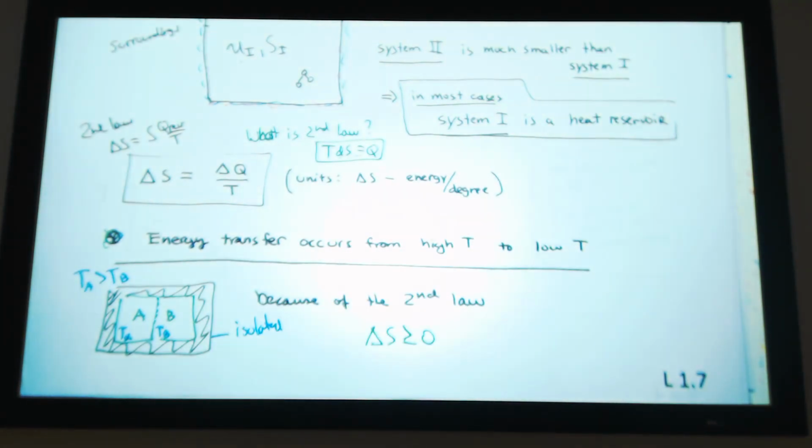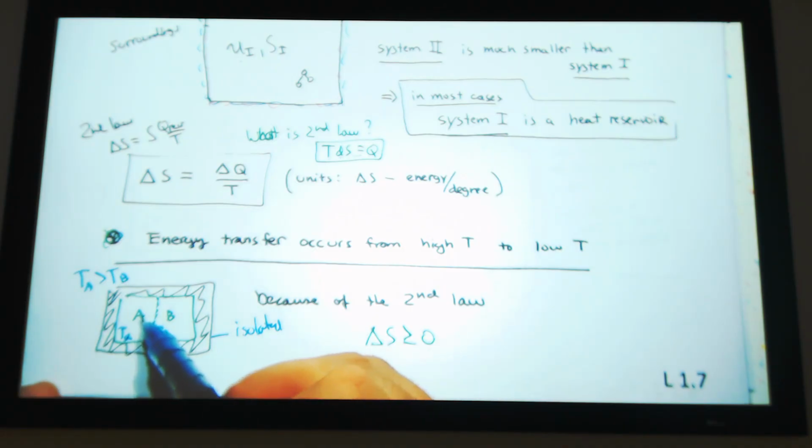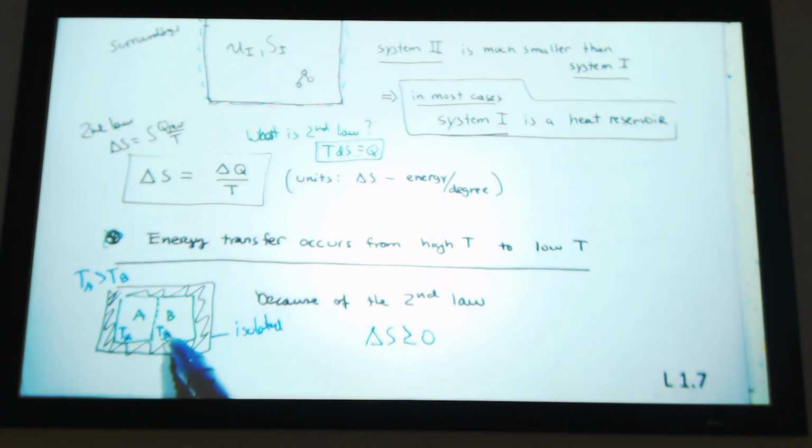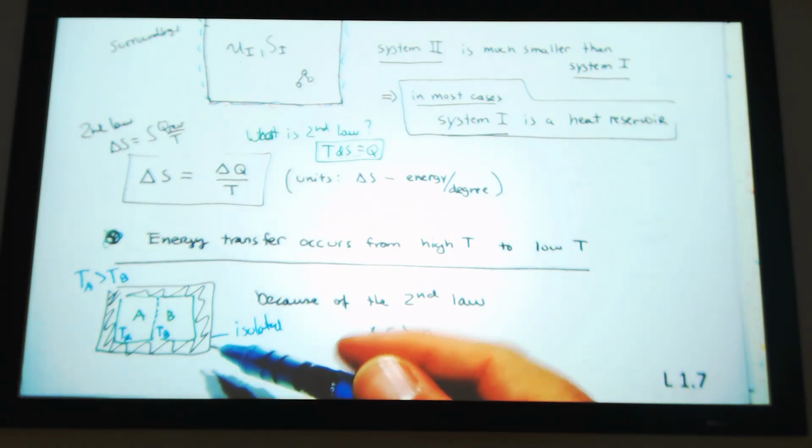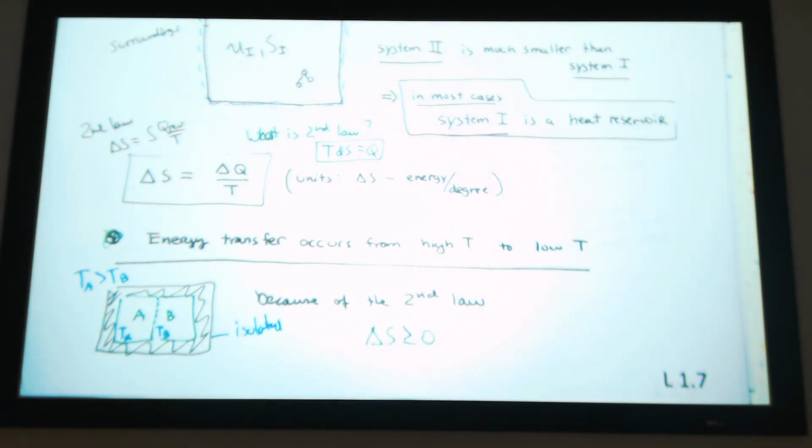Now this boundary spontaneously breaks, and now I can have heat transfer between A and B. The only way for the entropy to increase or stay the same for this isolated process is for heat to go from high temperature to low temperature.